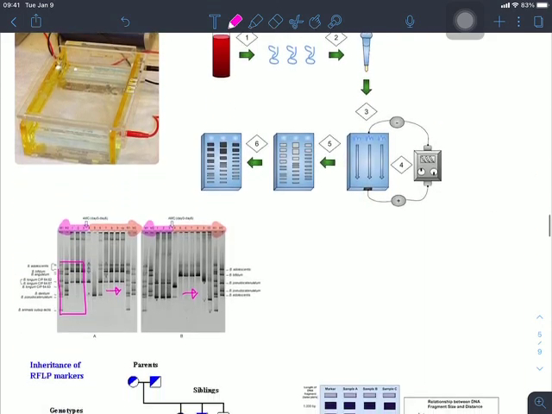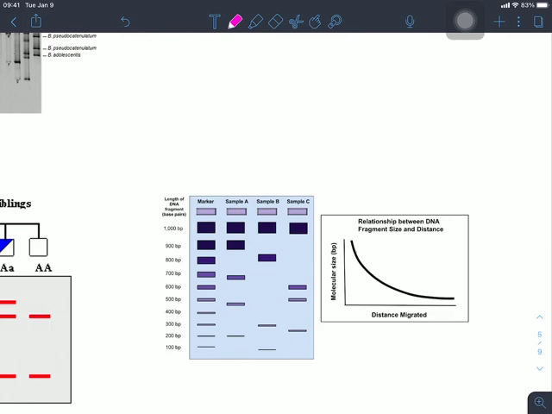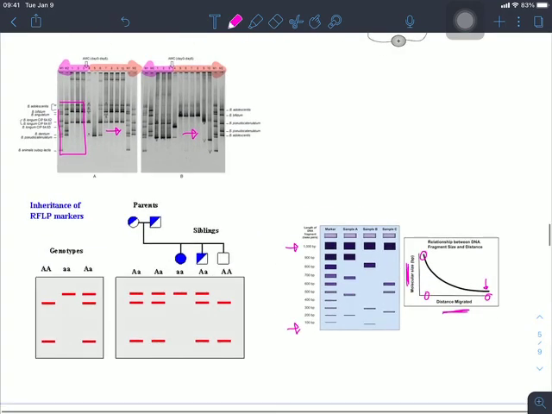So, this last image here, you see that there is a relationship in terms of how far a fragment goes, the distance migrated, and its molecular size. The smaller the fragment, the farther it goes. The larger the fragment, the less it travels. So big stuff at top, small stuff on bottom. Just moves quicker, like through the Plinko board.